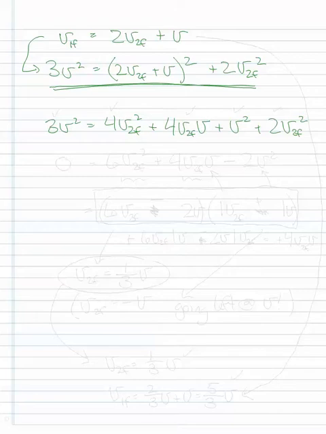Now I'm going to group like terms, so I have a 4 here and a 2 here, and so I get 6v2f squared. I have my cross term here, so plus 4v2f v, and I have 2 of these constant terms, constant in the sense that I was given them. So I'll subtract to the other side, and this is minus 2v squared.